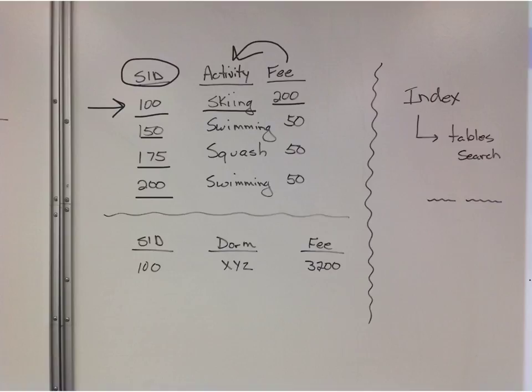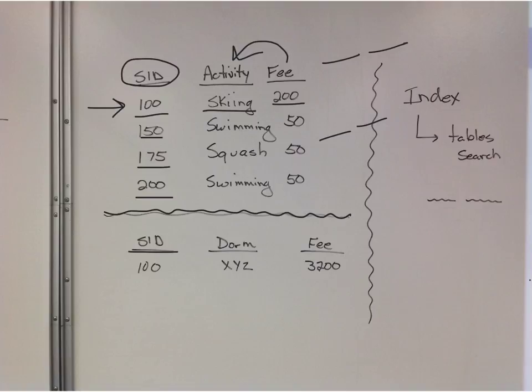Does that make sense? So this isn't normalized, at least not in second normal form. It's first normal form because we have an atomic value under each activity. So what can you do? Well, you're going to have to split this table. You're going to have activities and fees, and then students and activities. Alright. And you can build the relationships then.